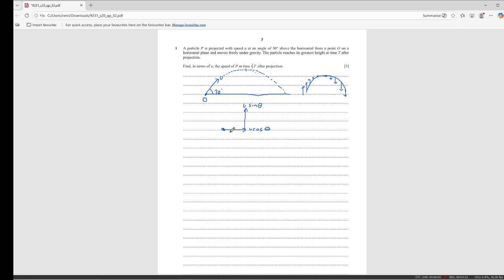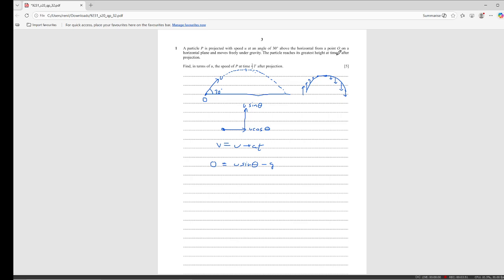With that, we're going to be solving this now. At this point, the velocity is 0. So we can use the equation v equals u plus at. So v, which is 0, equals u sin theta, since we're only considering the vertical velocities. And since u sin theta is in the upward direction, we consider the acceleration to be negative g times t.